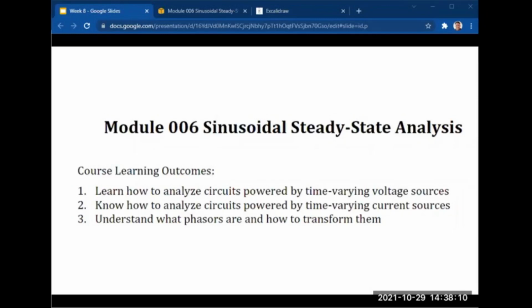Before we proceed, let's first recap the topics we have discussed so far in our course. We started with a review of capacitors and inductors and their behaviors on AC.